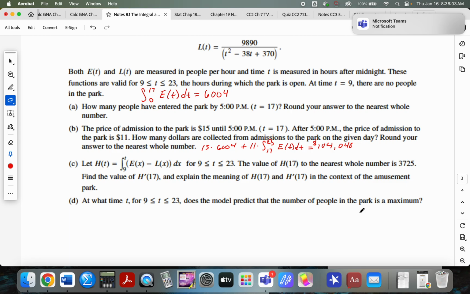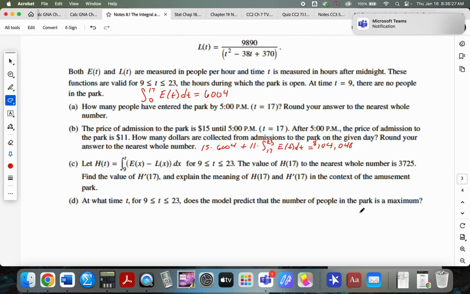Find the value of H prime of 17, and then explain the meaning of H of 17 and H prime of 17 in the context of the amusement park. So there's several things they're asking us to do here. And I know some of you guys are bad about doing the first thing, but not all the things. You got to be really careful about that, especially on the AP exam. They'll ask you multiple things a lot.